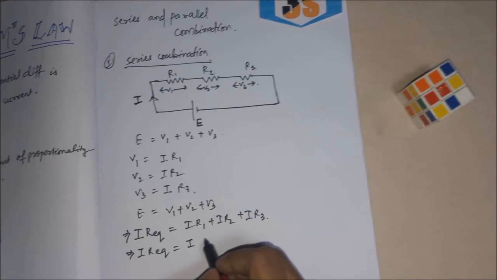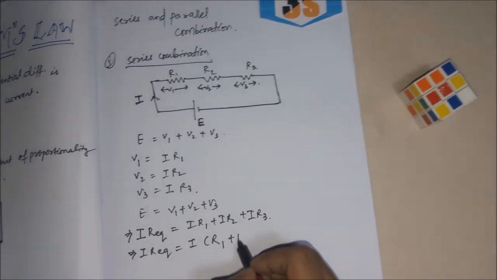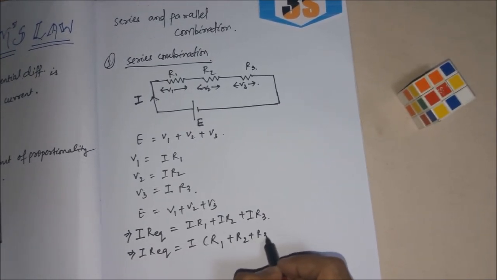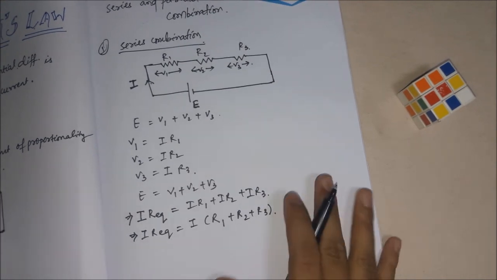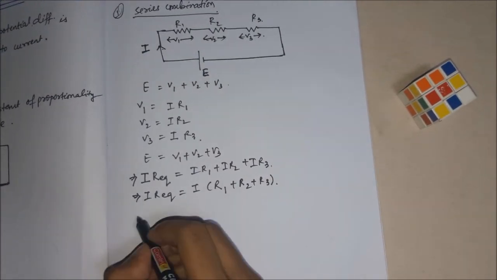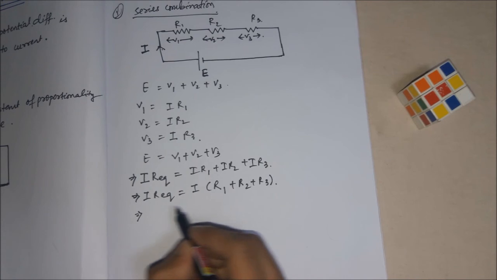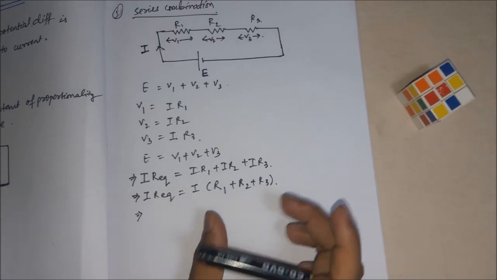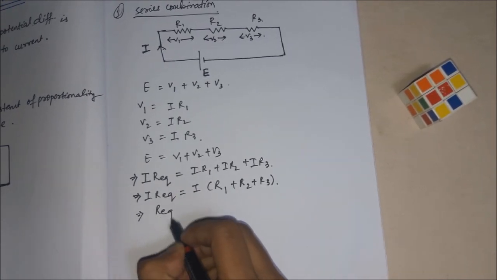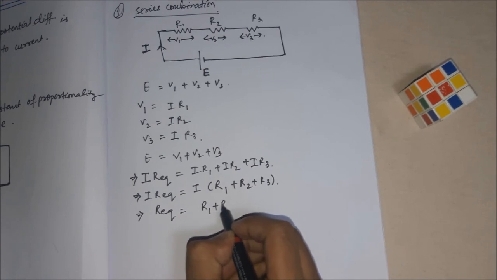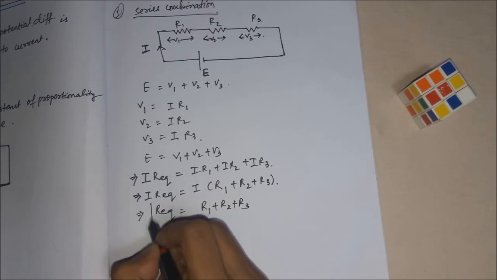Taking I common on the right hand side, we have I into R1 plus R2 plus R3 equals I into R equivalent. Now cancelling the I, or the current, from both LHS and RHS, we have R equivalent equals R1 plus R2 plus R3, which is the required relation.